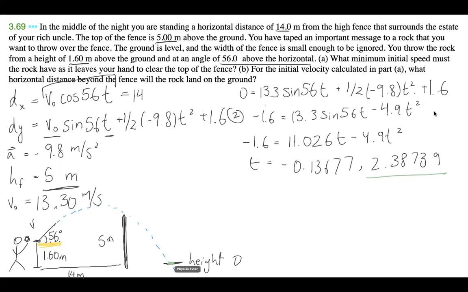So now, because we have the time and we have an expression for the distance in the x direction, we can plug in the time for that. So let's do that. We have dx, our distance in the x direction, is equal to 13.3 cos 56 times 2.38739.